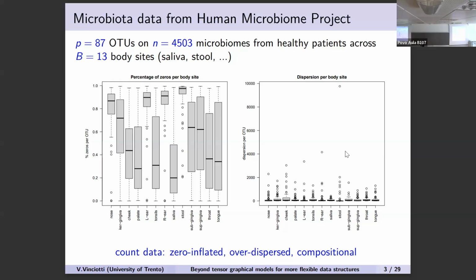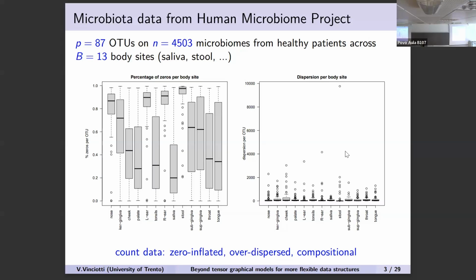This is the number of samples overall, so that divided by 13 is roughly the number of samples per body site. On the left here, you see some box plot of the percentage of zeros for each microbe, but I split it by environment.